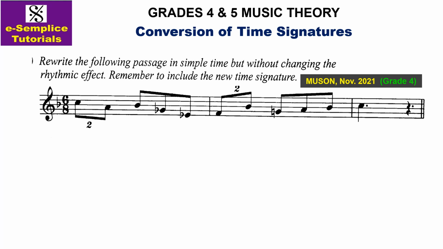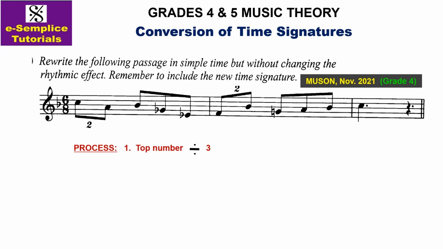This question is from Muson examination November 2021 and it's a grade 4 paper. Rewrite the following passage in simple time but without changing the rhythmic effects. Remember to include the new time signature.